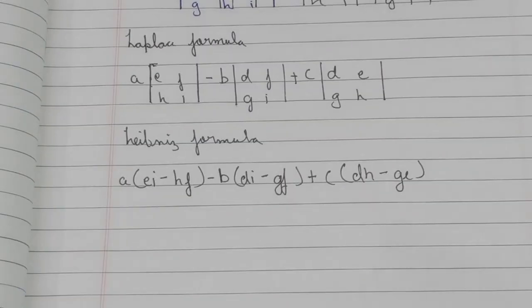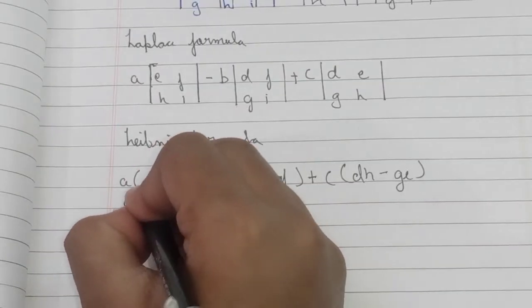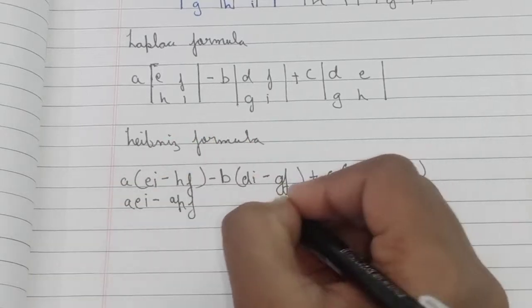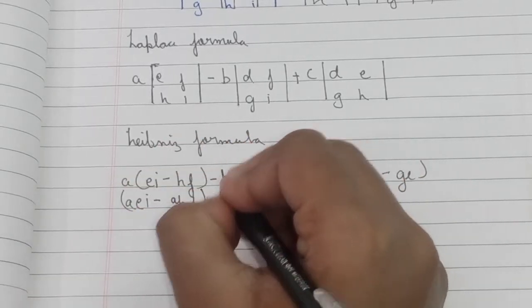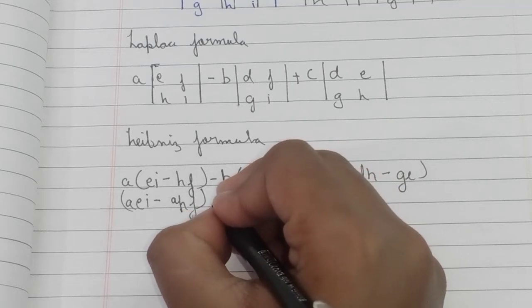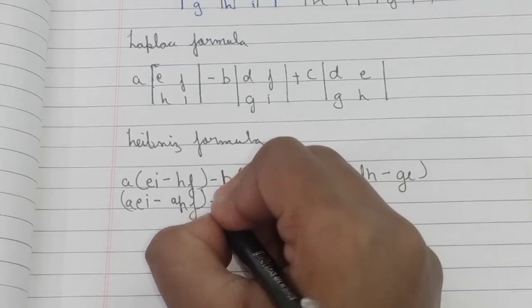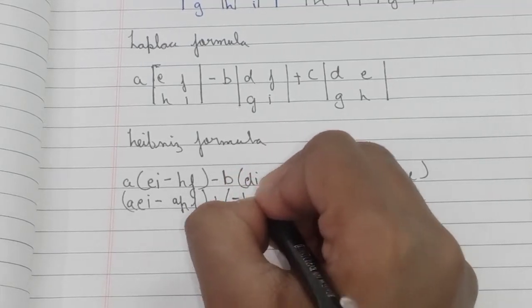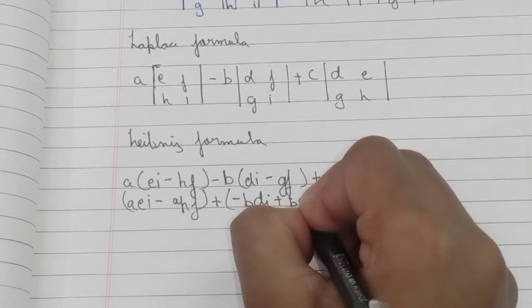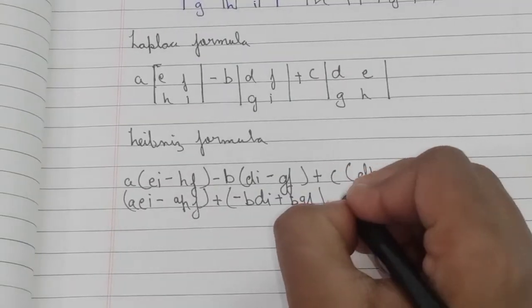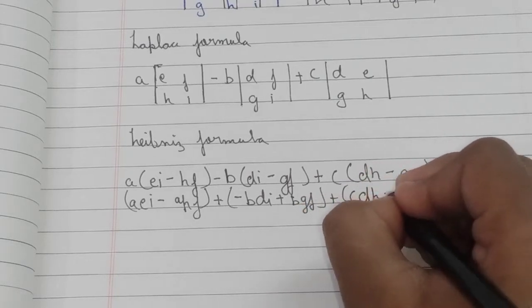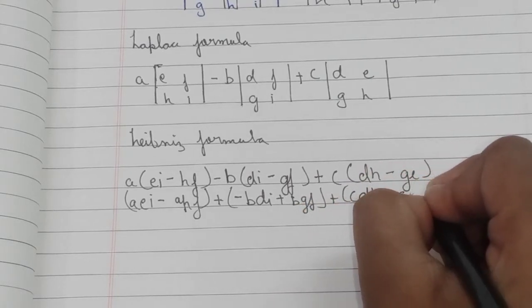Now if we expand, this is aei minus ahf. If we send the minus inside, we get minus bdi, positive bgf, plus cdh minus cge.